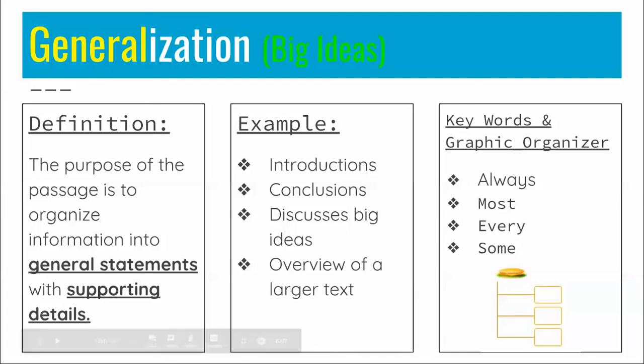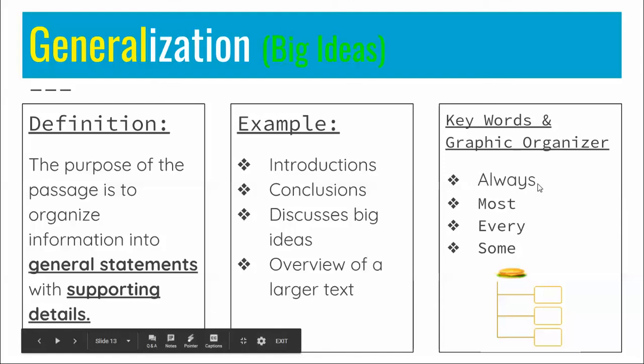These are usually found, if you look at the examples, in things like introductions and conclusions, discussions of big ideas, or overviews of a larger text. It's usually a very simple general idea, and afterwards it will get into more specifics. So some keywords you might see: always, most, every, some. And here's a type of graphic organizer.